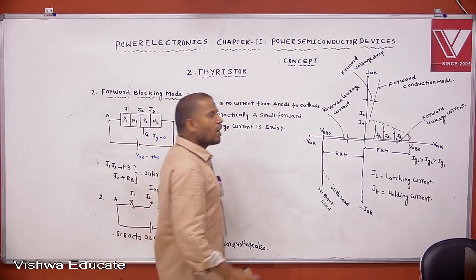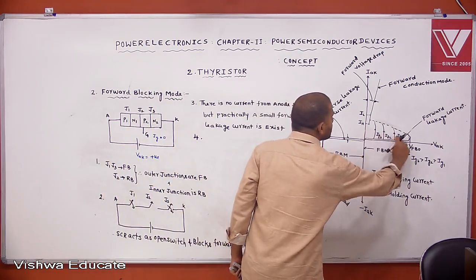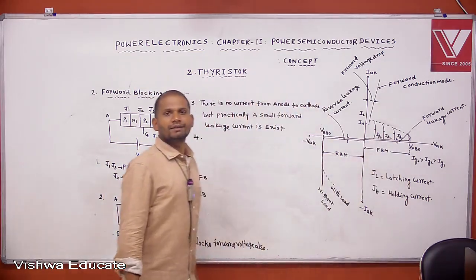This small line shown in the characteristics is nothing but the forward leakage current.